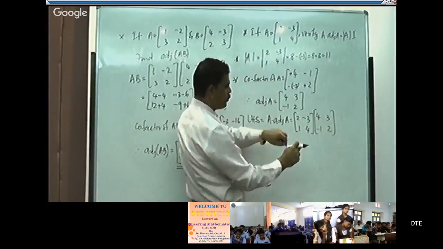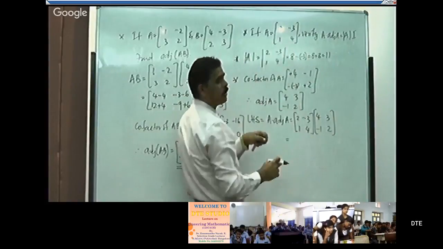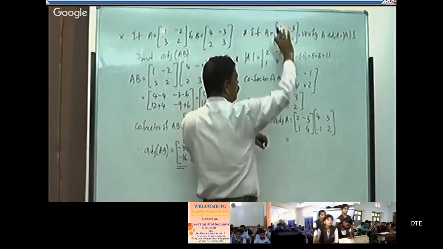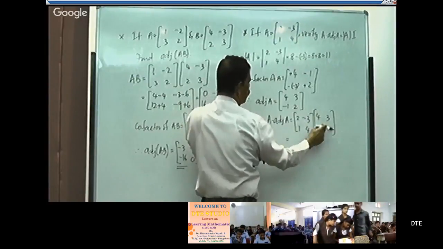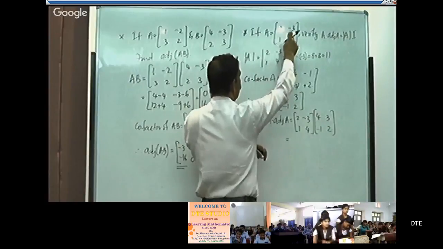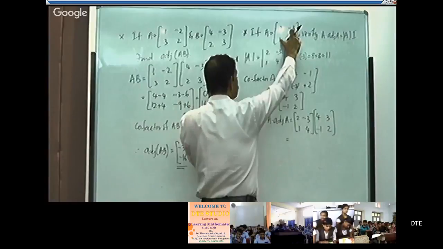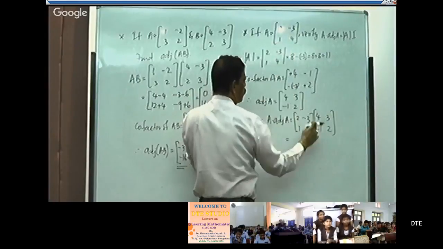The procedure is, for a given matrix, the adjoint is always equal to interchanging principal diagonal elements. See, 2 4 is there, they are interchanged in the adjoint. Got it? 2 4, 4 2. Then secondary diagonal elements, only their sign changes. -3 becomes +3. 1 becomes -1.